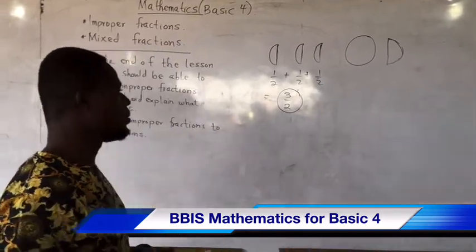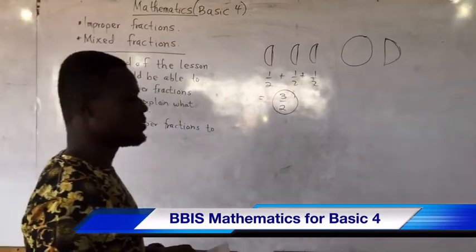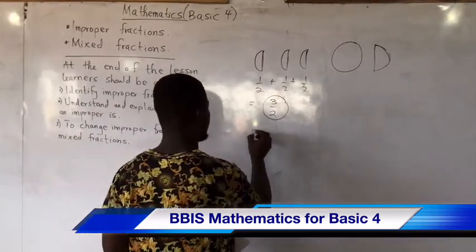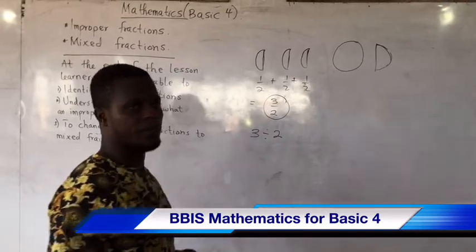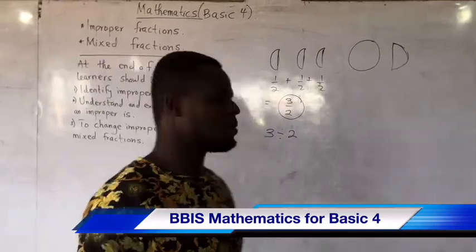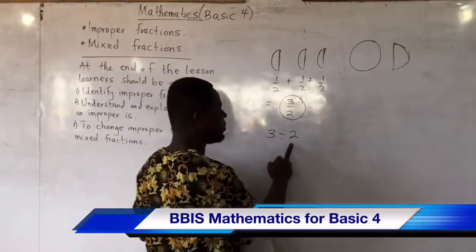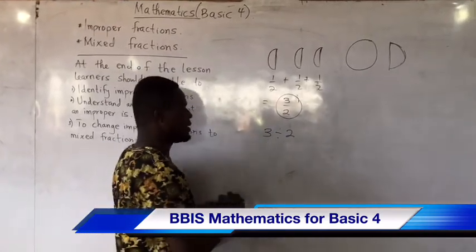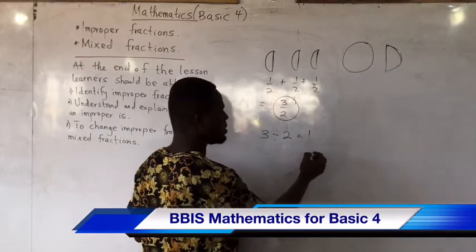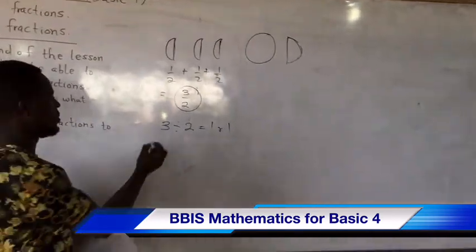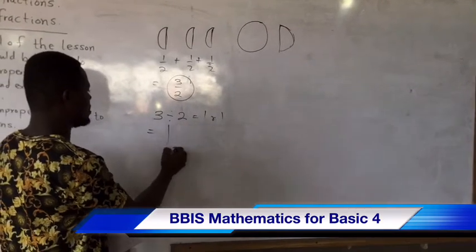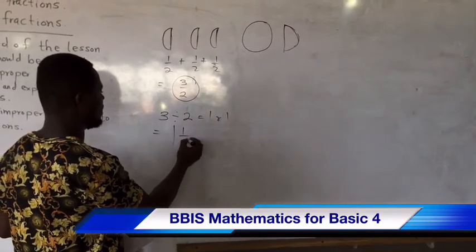How do we do that? We are going to divide 3 by 2, like the normal division that we have been doing. When 2 people share 3 mangoes, each person is going to get what? 1. So we are going to get one whole number, and then 1 divided by 2.